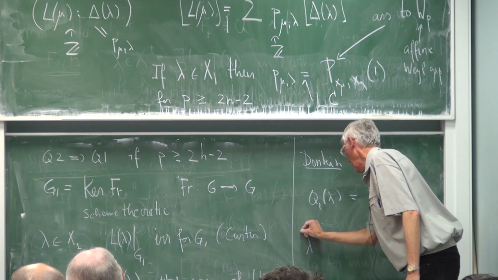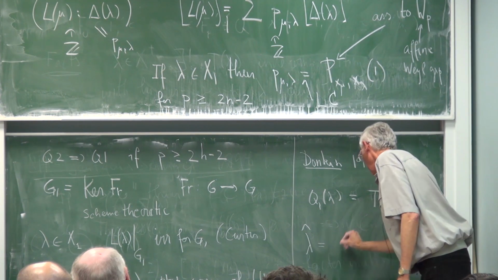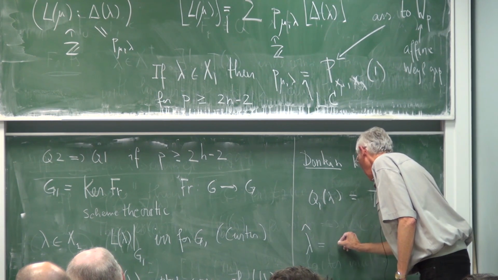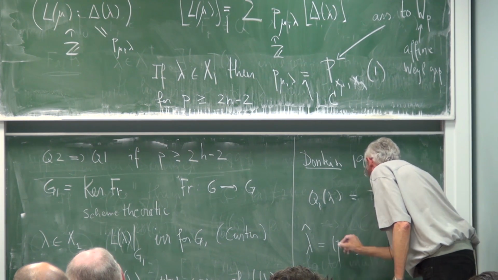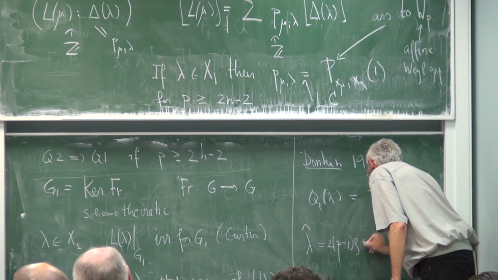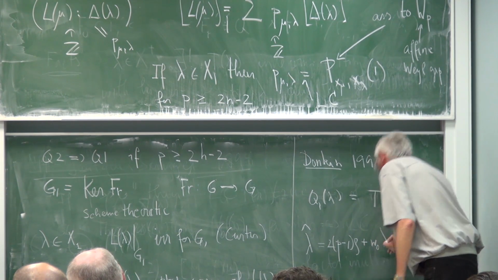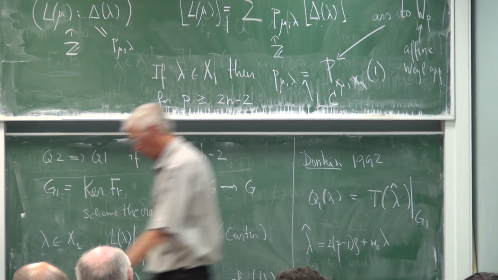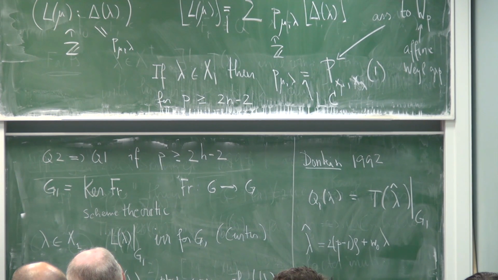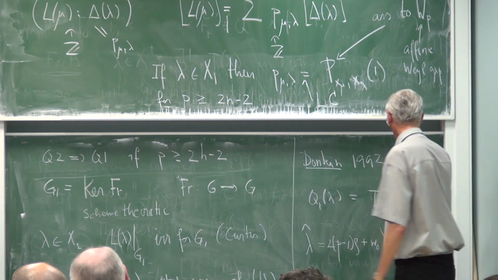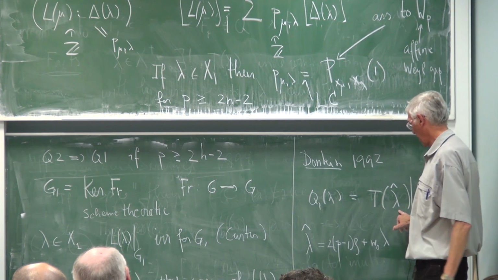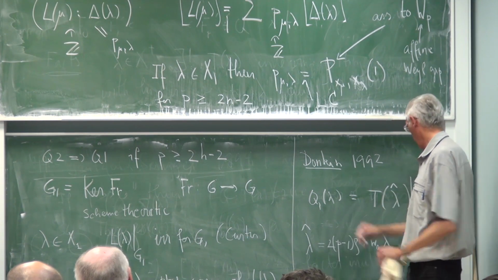So here lambda hat is, well, let me just write it down. I don't have time to get into the technicalities here, but let me just put out that there is a specific formula for how to find the right weight here. What you should do is take the tilting module there, then you get Q1(lambda).